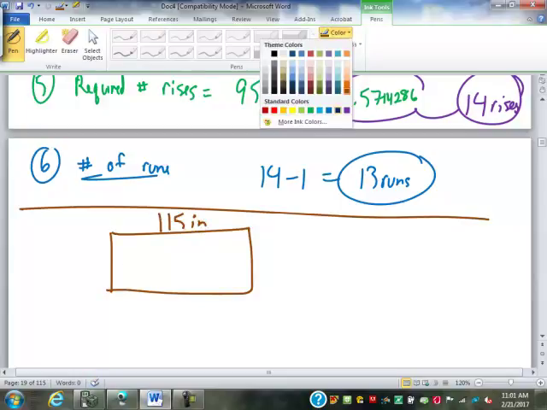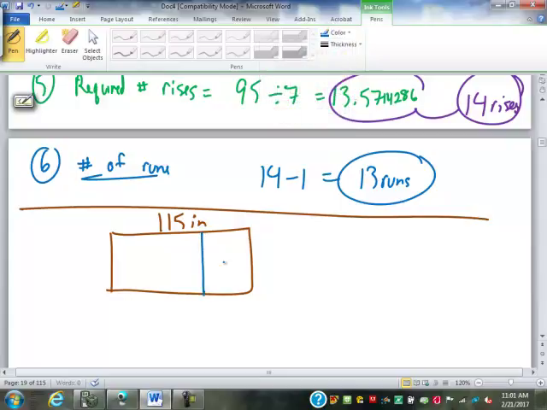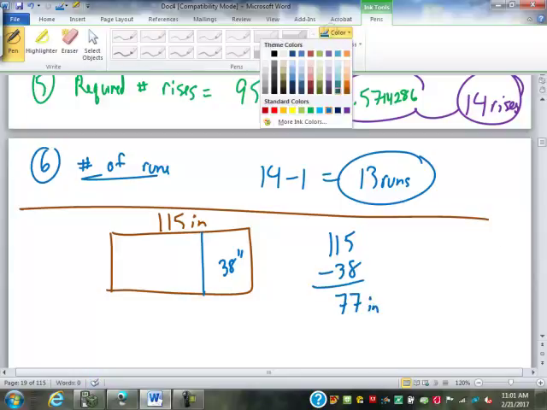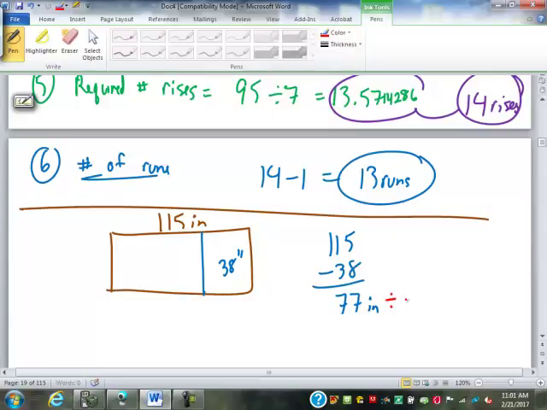Look at 115 inches. Now, of that 115 inches, 38 inches of it is going to be landing. So 115 minus 38 is 77 inches, correct? Divide that by 11 inches per tread, gives us 7 treads, correct?